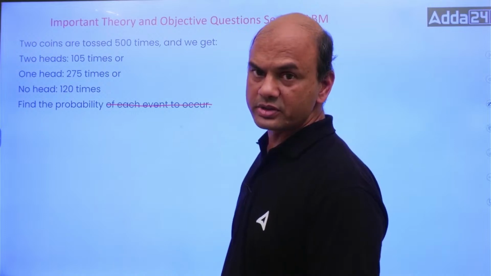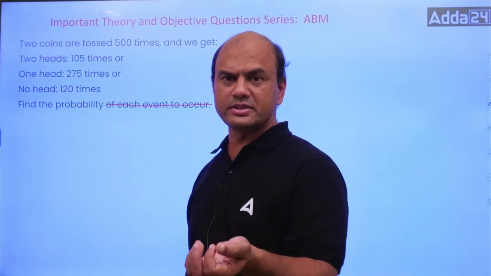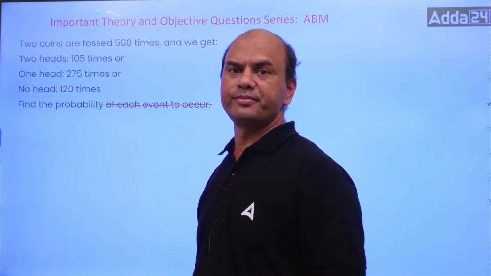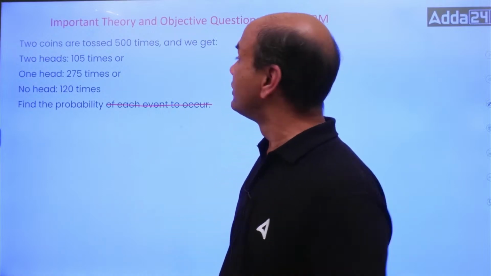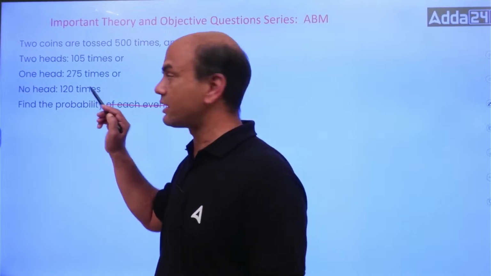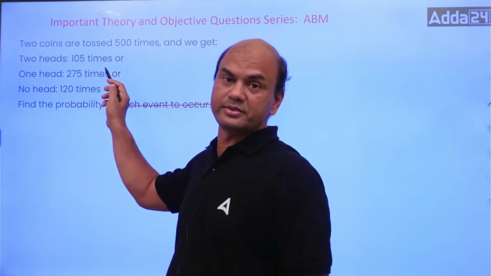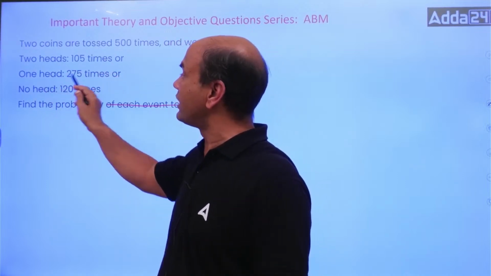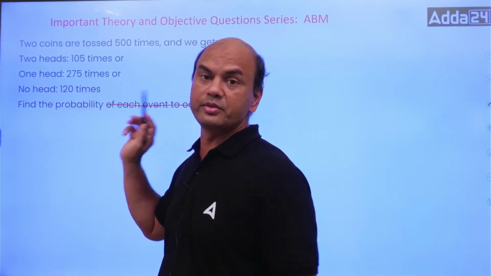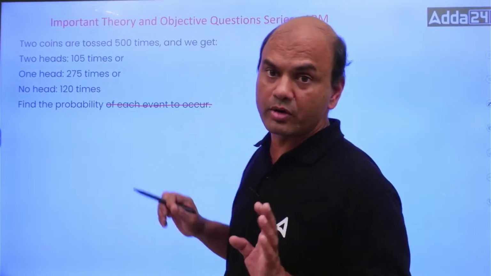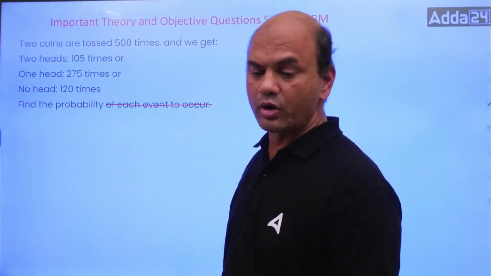I take two coins and toss them 500 times. So you want either two heads 105 times, or one head 275 times, or no head 120 times. So this is the probability you require. Or means plus.